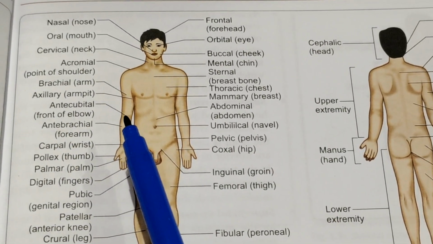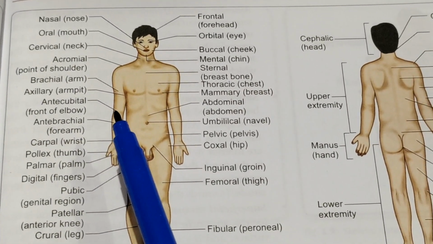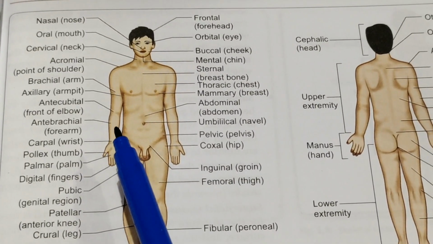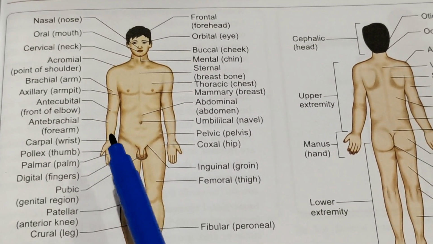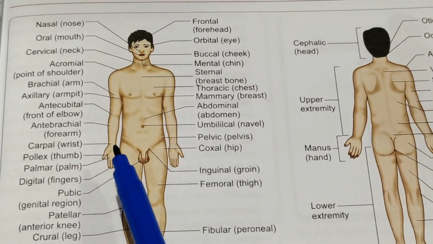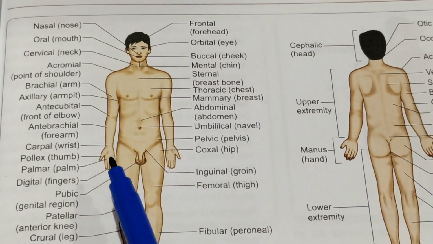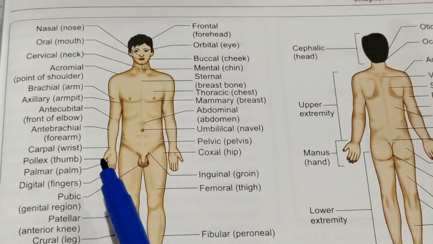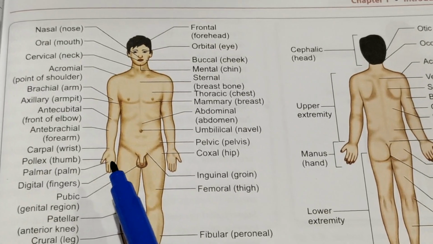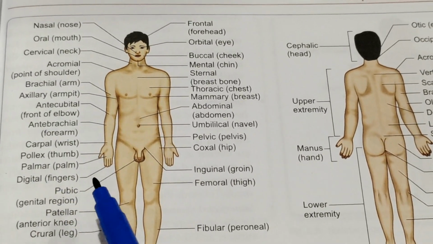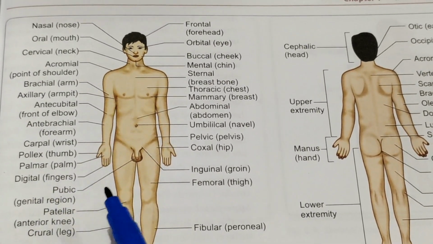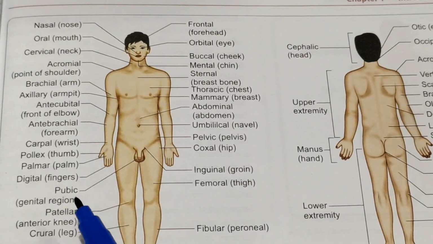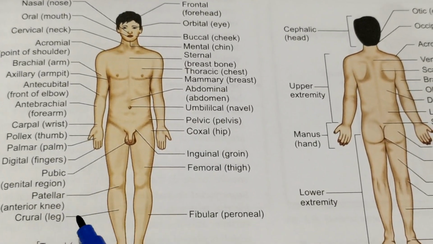Front of the elbow, antecubital. Forearm, antebrachial. Wrist, carpal. Then the thumb, pollex; palm, palmar. Fingers, digital. Then the genital region, pubic region.